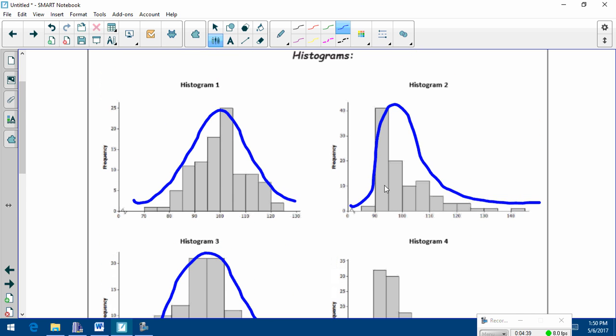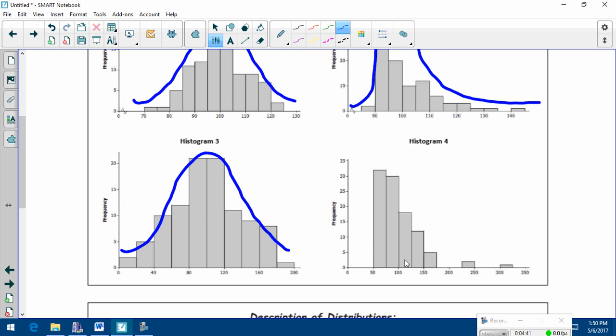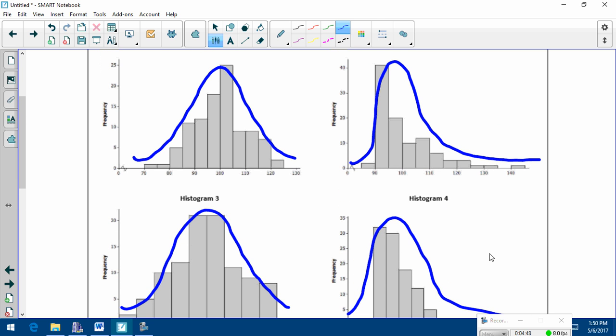So this one's very skewed. This one, maybe not quite so much, but there's still this extra tail on the right that makes it skewed to the right. So these two are definitely skewed right. Again, they're called skewed right because of where the extra data is. These are bell curves, or mound-shaped.